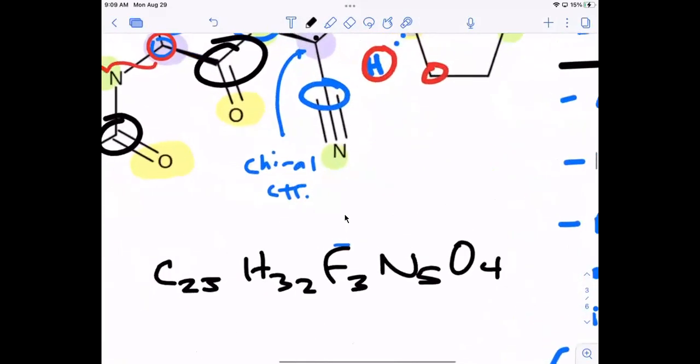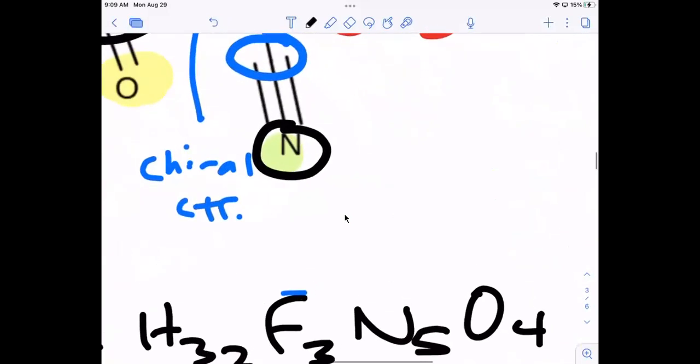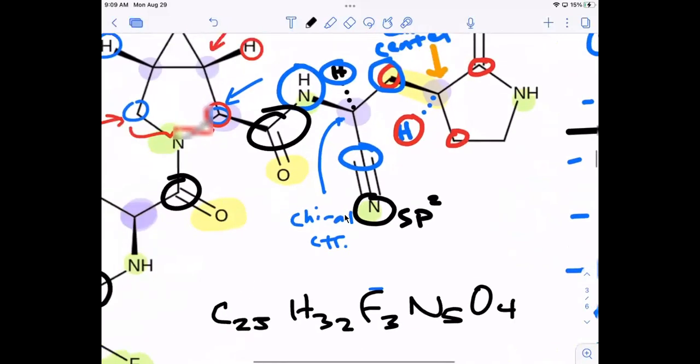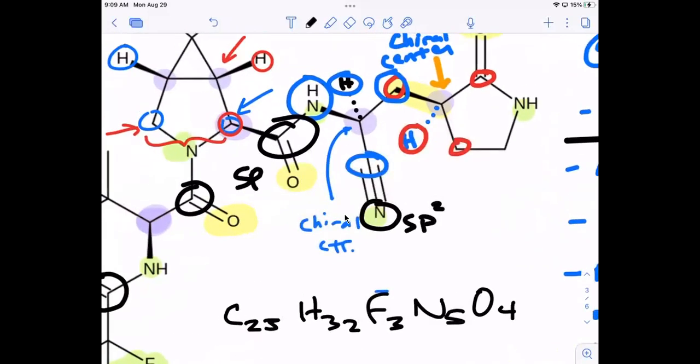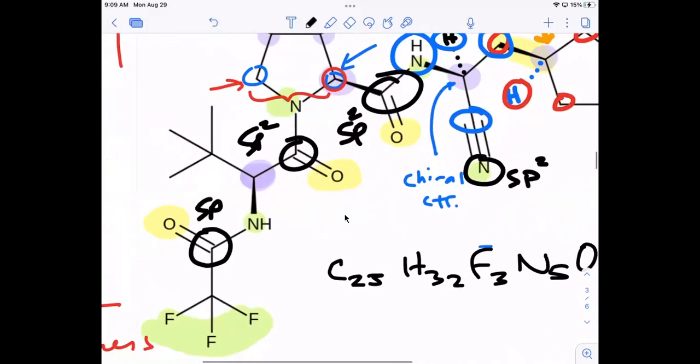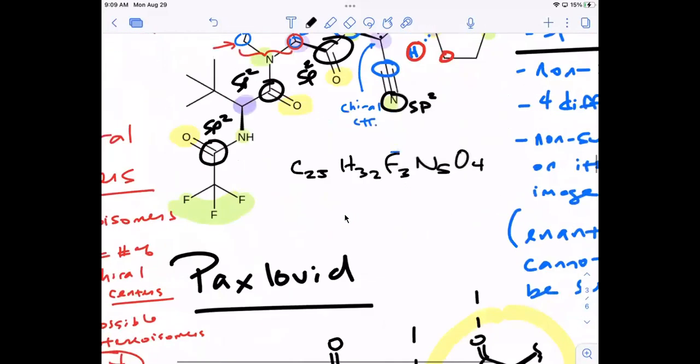We didn't look at this nitrogen right here because it's sp hybridized. So the hybridization state is one of the first ways to determine whether something can be a chiral center. All of these are sp2, so we don't count those.